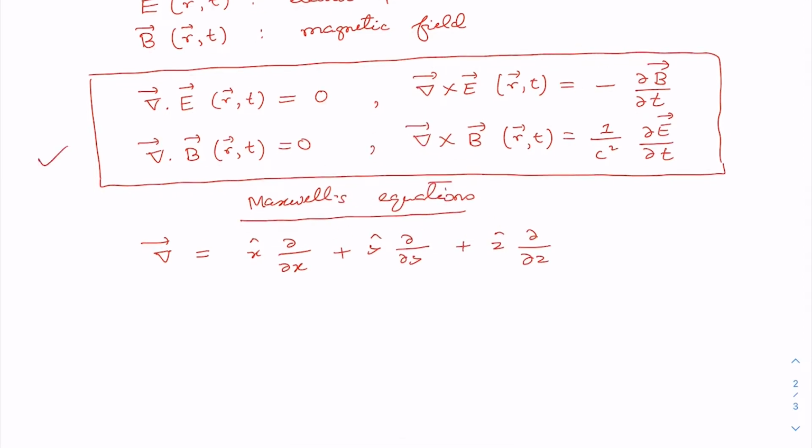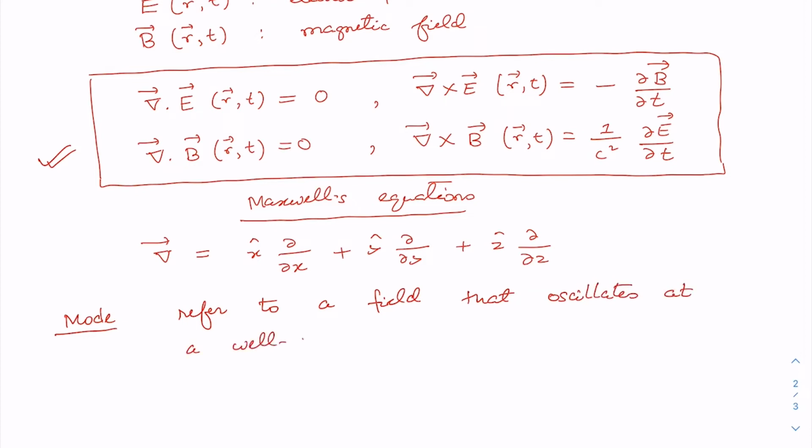These Maxwell equations have many solutions subject to the boundary conditions, and these solutions are called modes. By a mode we refer to a field that oscillates at a well-defined frequency.